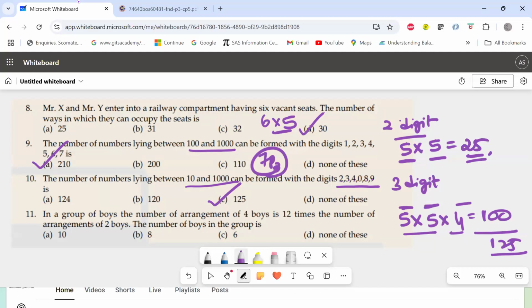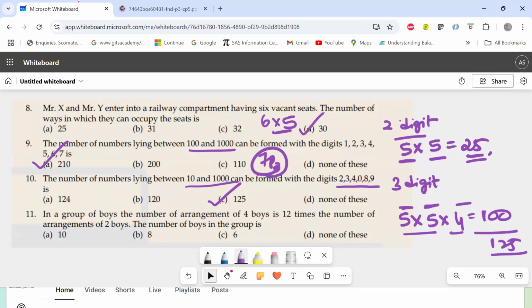So in a two-digit number, we have the remaining 5 digits, 2, 3, 4, 8, and 9, any digit can come in the tens place except zero. Then in the ones place, you have 5 digits left including zero. So you can make 25 two-digit numbers, and similarly 100 three-digit numbers. So the answer will be 125.